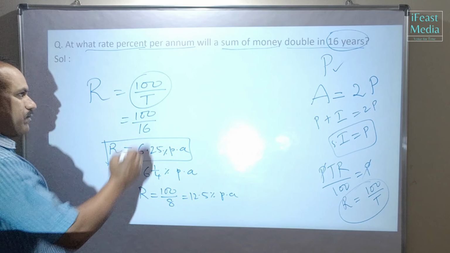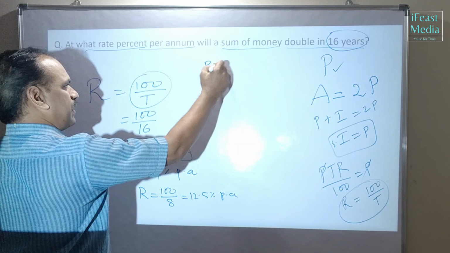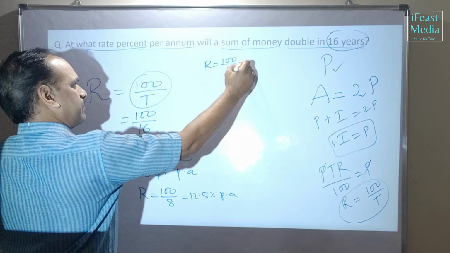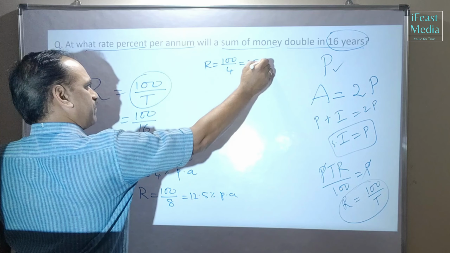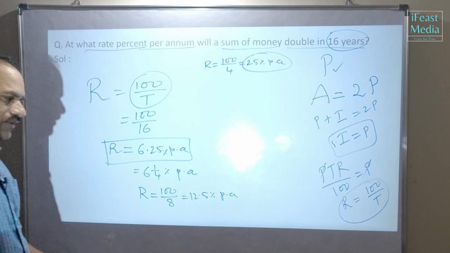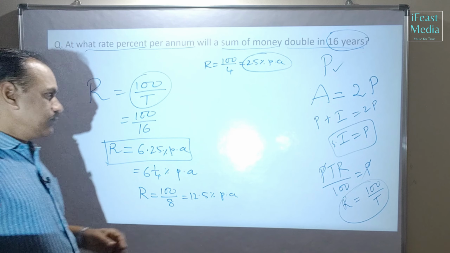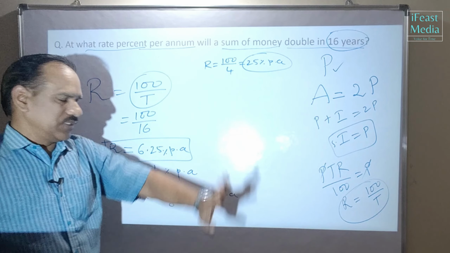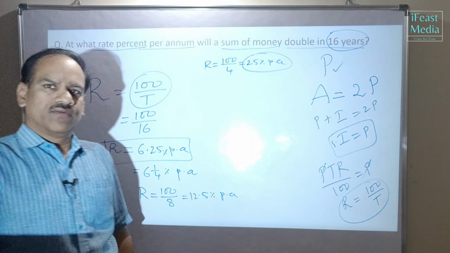If you want to get it double in 4 years itself, R is 100 by 4, which is 25% per annum. If you give a certain principal sum at 25% per annum, it will become double in 4 years itself.